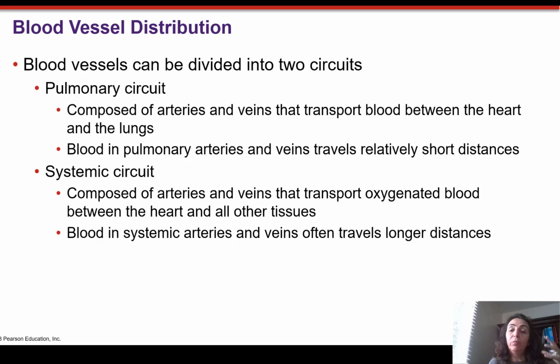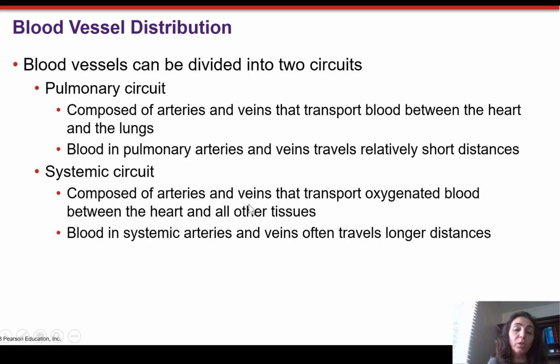From the left atrium, the blood gets into the left ventricle. Now from the left ventricle, blood is pumped into the aorta and all its branches, and it spreads all over the body. That is the part of the systemic circulation.